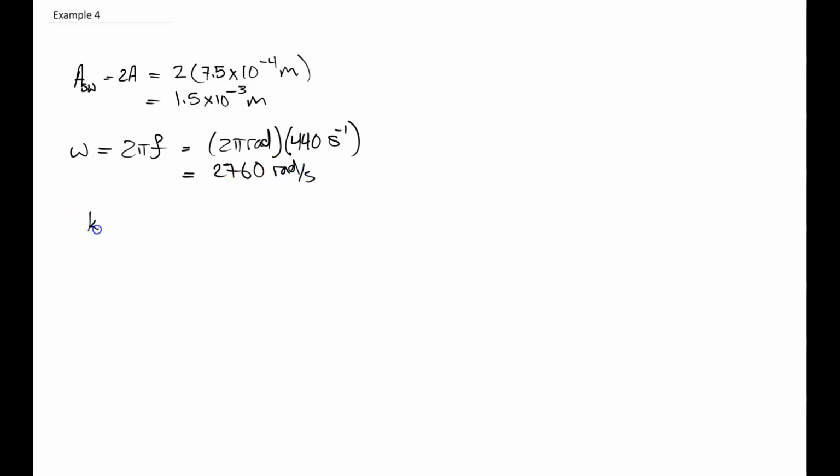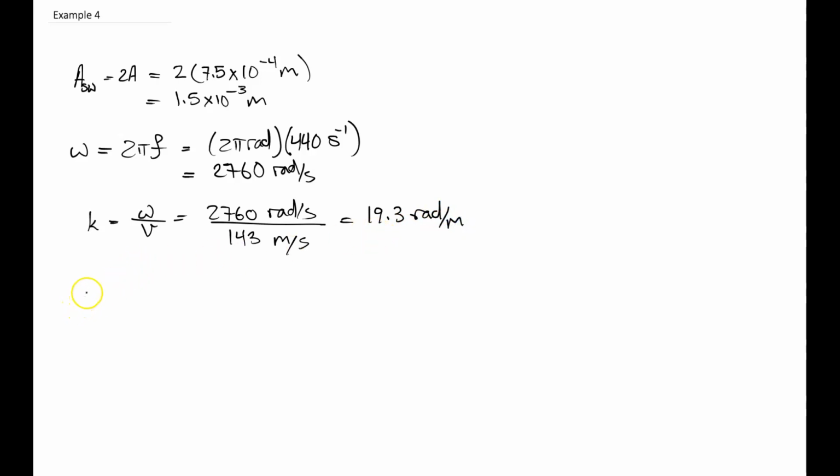And then the wave number k is given by omega over v, and that's 2760 radians per second divided by its velocity, which is 143 meters per second, which gives us a wave number of 19.3 radians per meter.